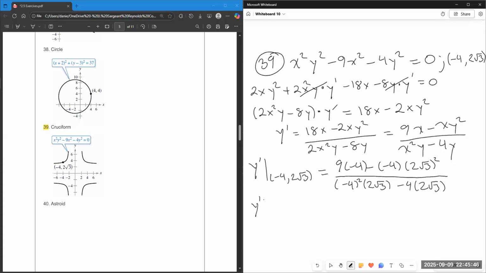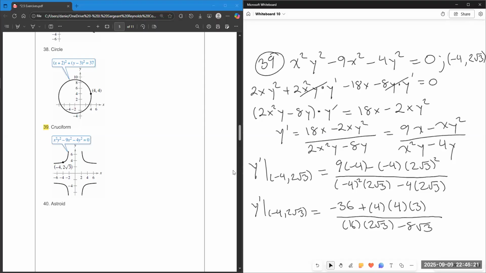Y prime at (-4, 2√3) is -36 minus a negative is a positive. This is 4, and this is 4. 2 squared is 4, root 3 squared is 3, over 16 times 2√3 minus 8√3.